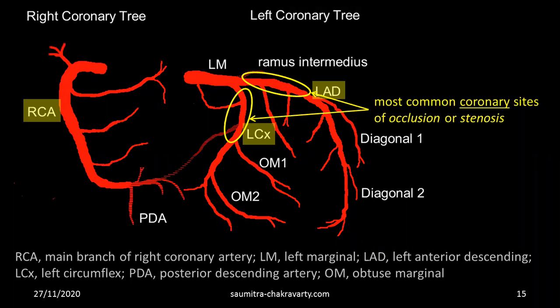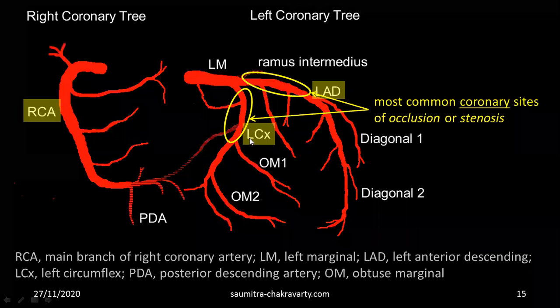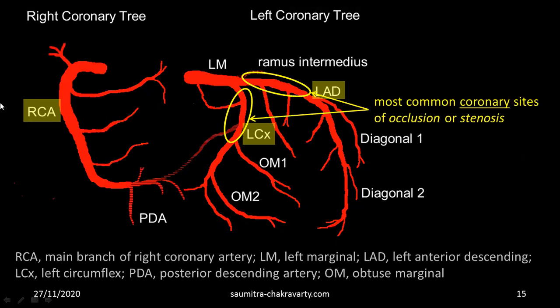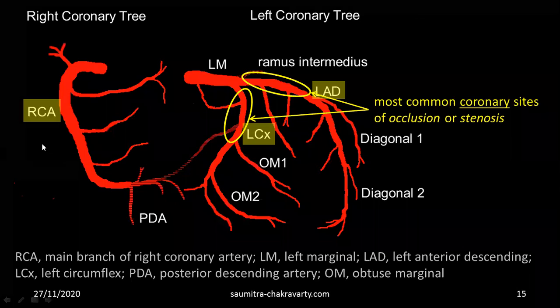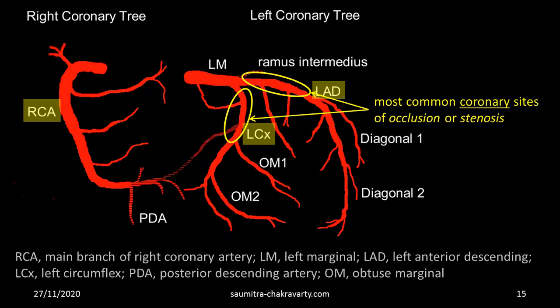This is the vascular tree, and three main vessels are highlighted in yellow. One is left anterior descending, another left circumflex. Both actually come from the left coronary artery, and then the right coronary artery itself. So RCA, LAD, LCX. Most common sites are basically these two, the first few centimeters of LAD and LCX.